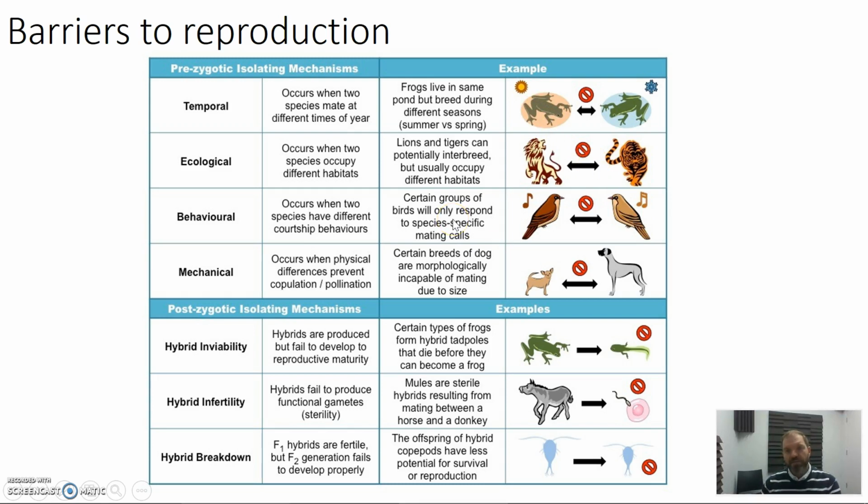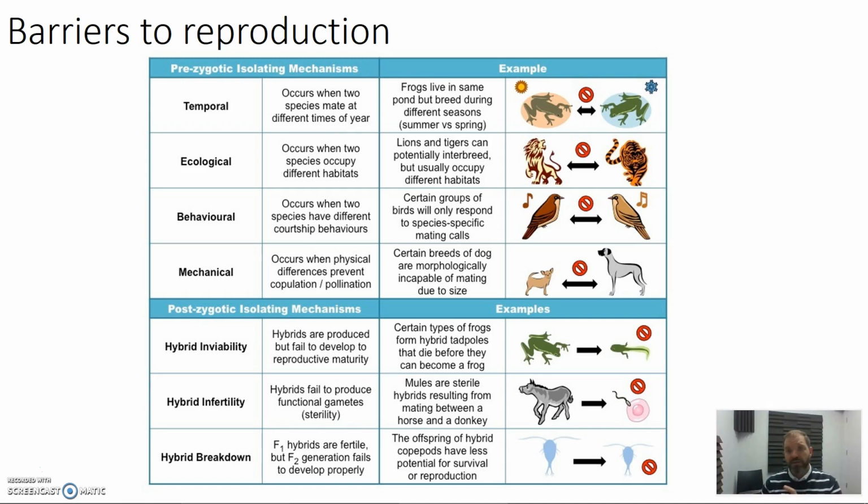If there are behavioural differences that mean that the males and females of those different species won't be attracted to each other, then that will also stop mating. And just mechanical means, if there's physically no way to get those two together, then that's a barrier to any reproduction.